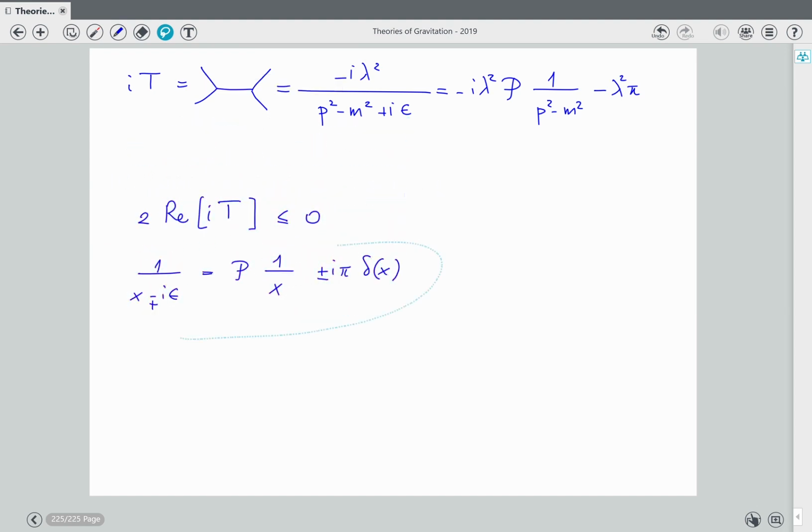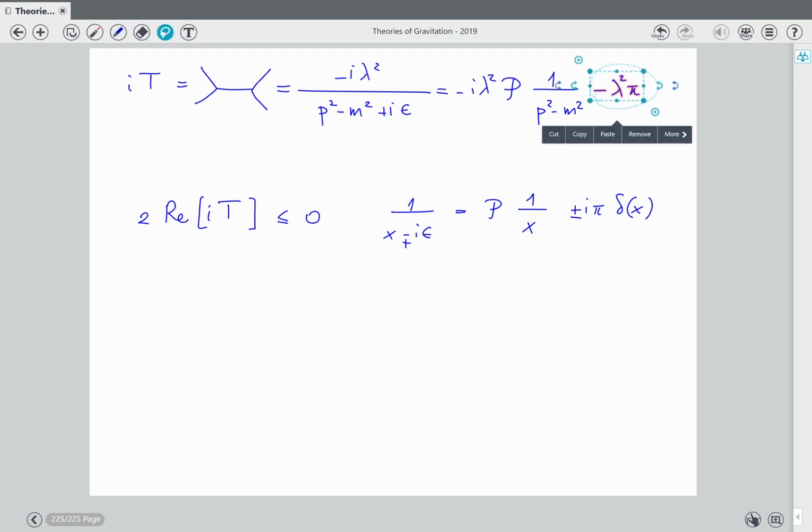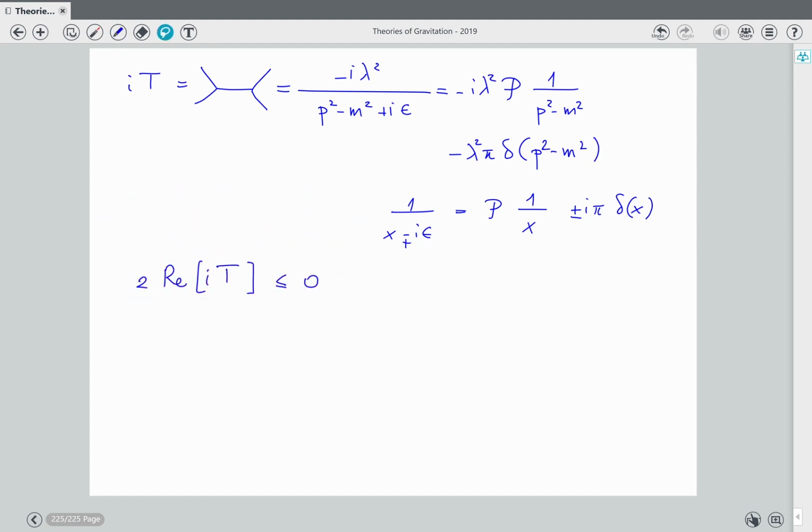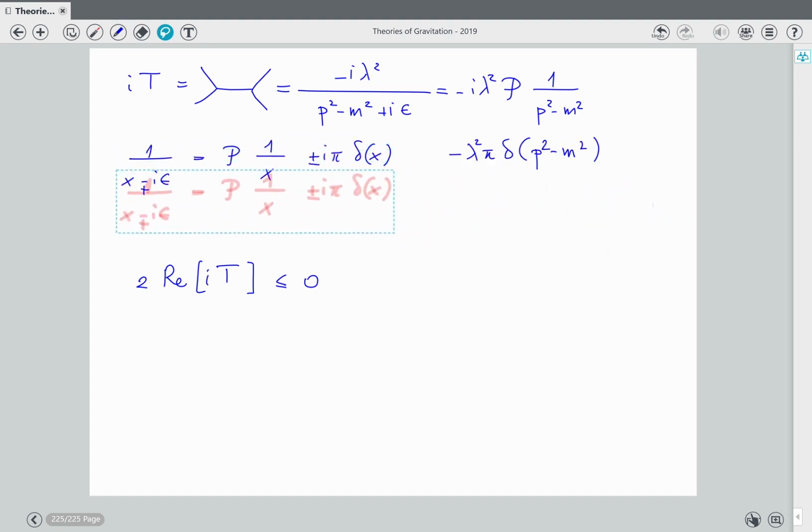Let me write it. Delta of P squared minus m squared. So we are using this identity.